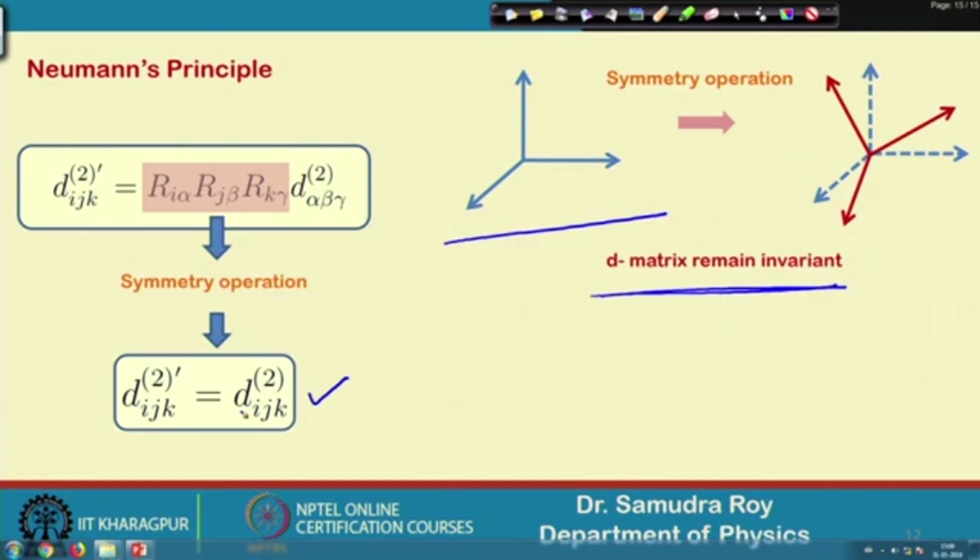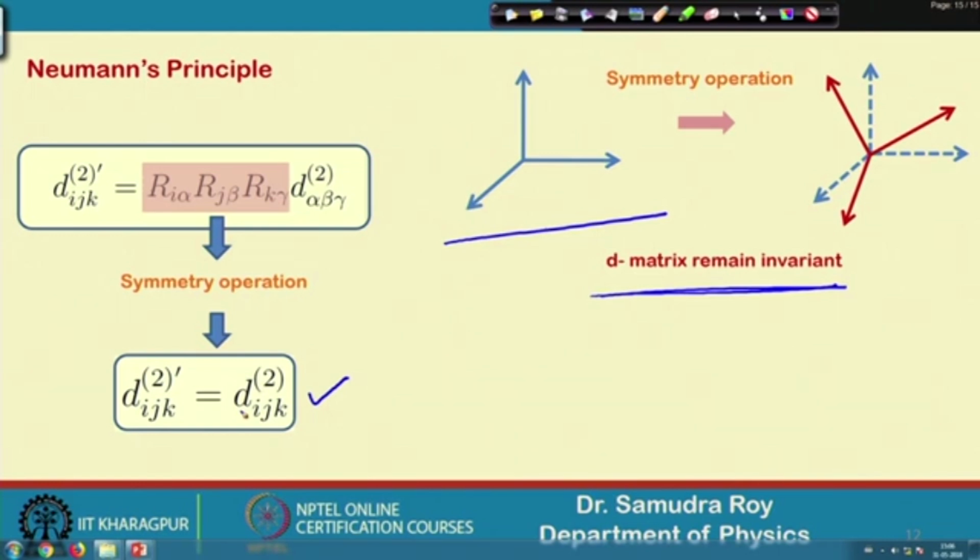Once again let me state that in Neumann's principle, if I apply some kind of symmetry operation over the D matrix, the components will be changed, and these changed D matrix components will be exactly the same as the D matrix components before the operation, and from that we can get a relationship between different D matrix components.